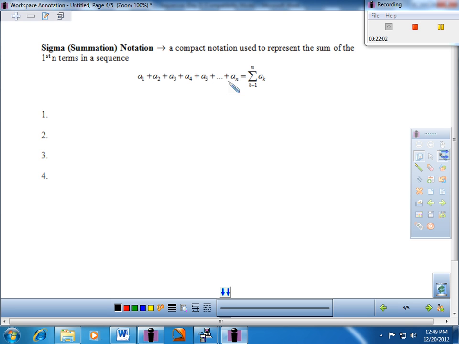And instead of writing it out in a very expanded form like you see up here, all of that can be written in a very compact way, as you see right here. This is all of this. So let's talk about a few things here. Anytime you see that sigma, that indicates that we're going to be using a sum. So sigma means you're going to take all the values in the pattern and add them together.